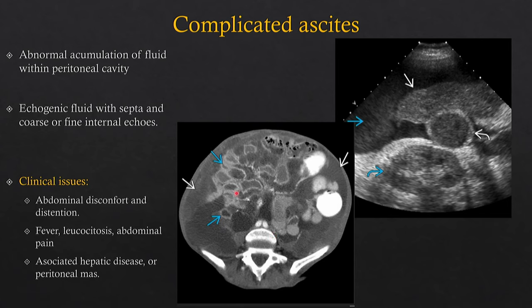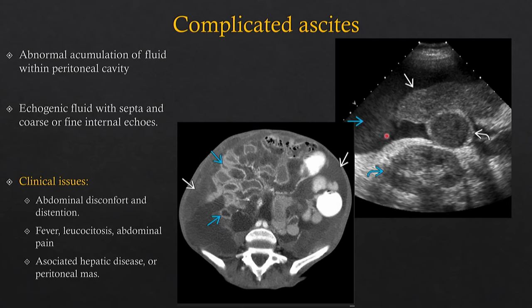So what we can see here in this mass is the same multilocular cyst. Nevertheless, the density is increased, and we are not seeing the typical density of water, which suggests internal debris. There are some signs of complication of the ascites.